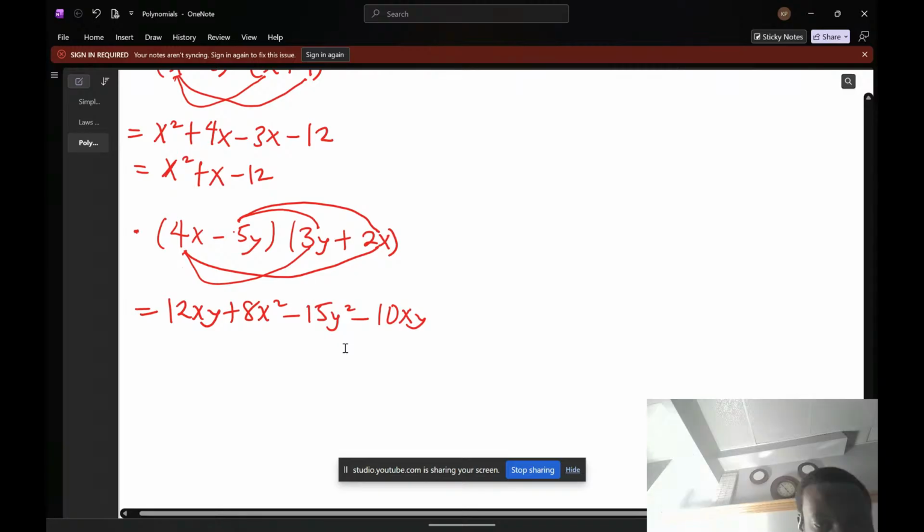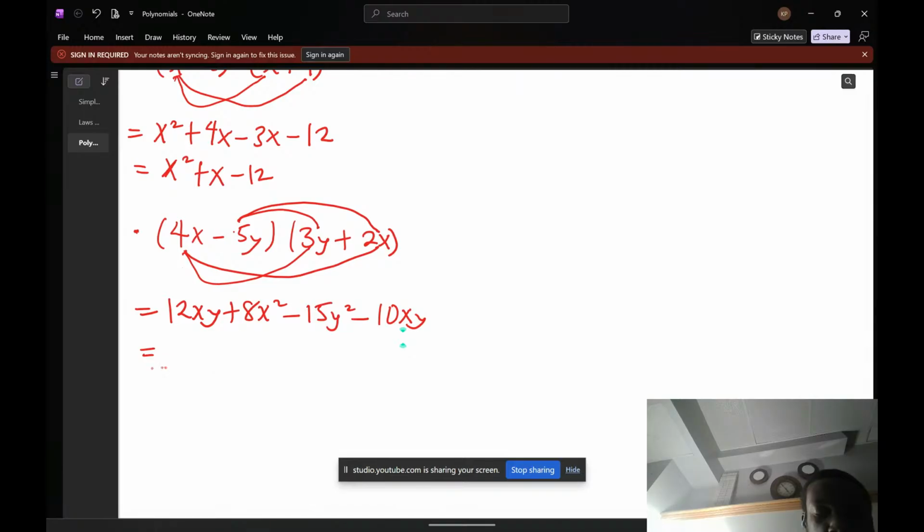So 12xy, let's collect like terms. So it will be 12xy minus 10xy plus 8x squared minus 15y squared. So 12xy minus 10xy is equals to 2xy plus 8x squared minus 15y squared.